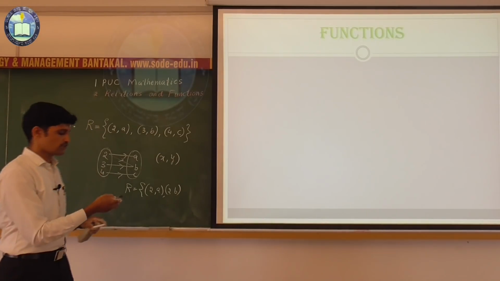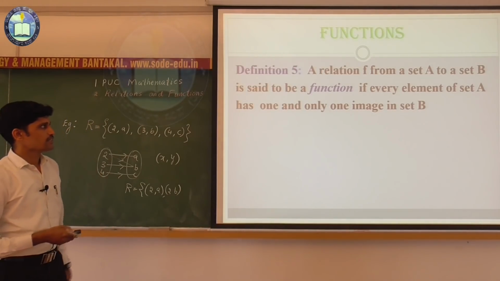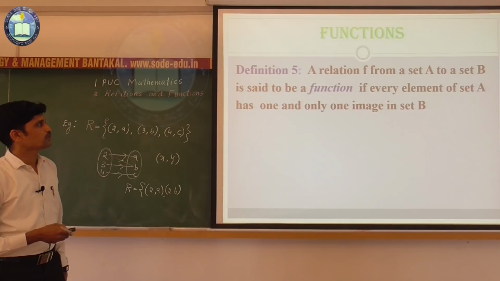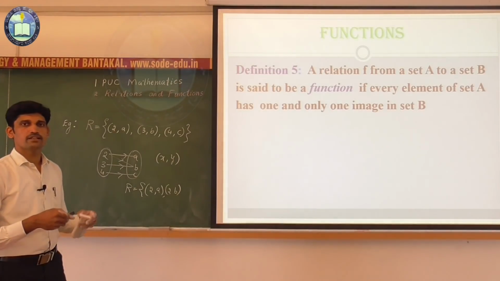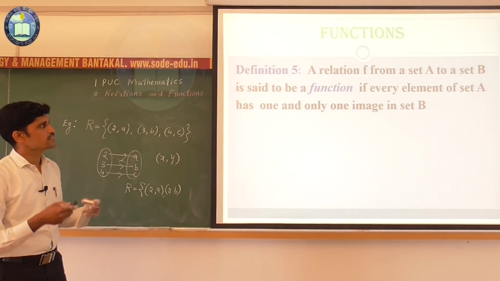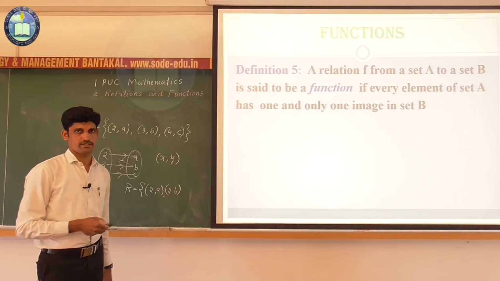Let us go through the definition now. A relation F from a set A to a set B. Whenever we say relation, obviously set A and set B are non-empty sets.